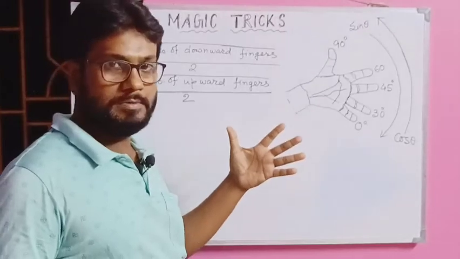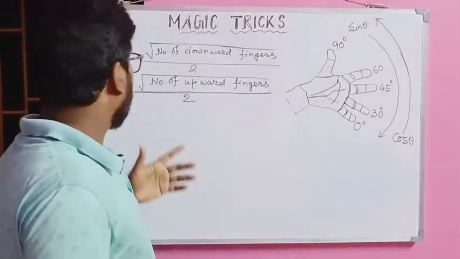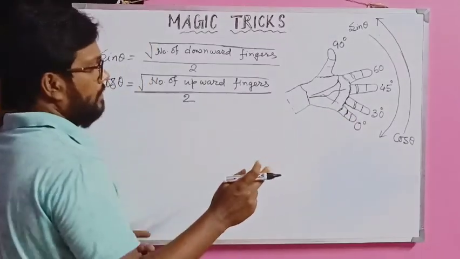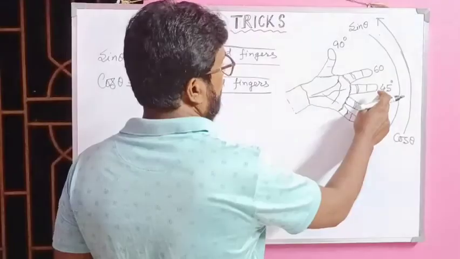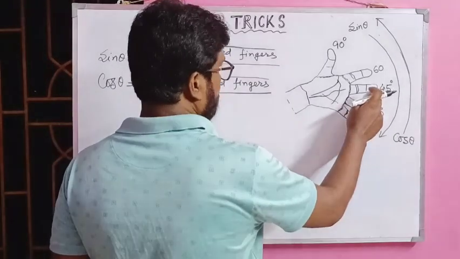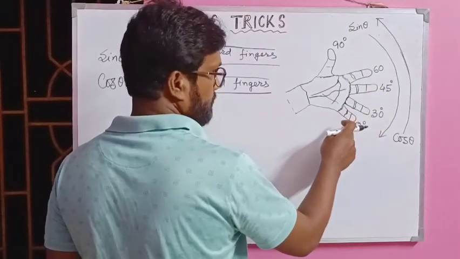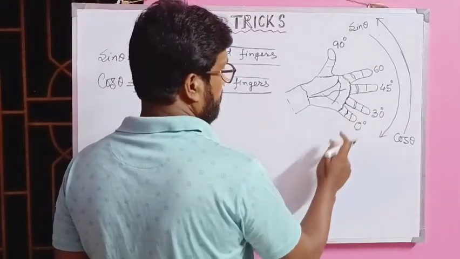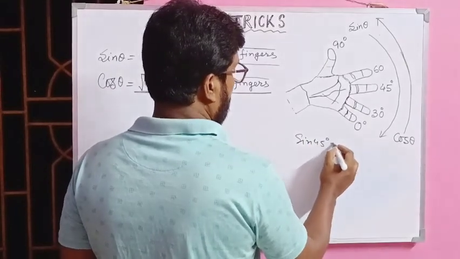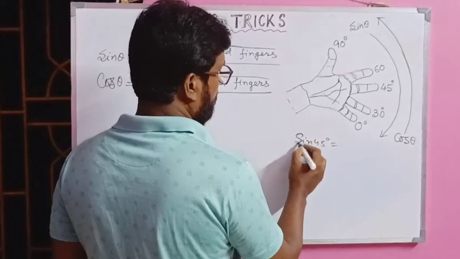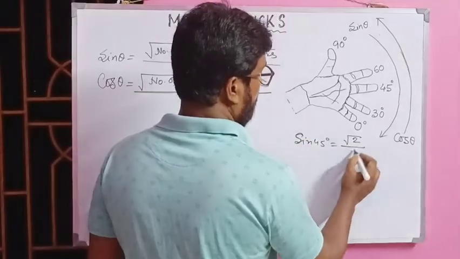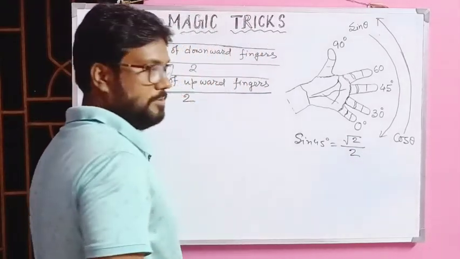What to do? Simple. We count the number of fingers. When we calculate the value of sin theta, there are two fingers left in the downward direction, except this finger. Then sin 45 degrees equals root 2 by 2.